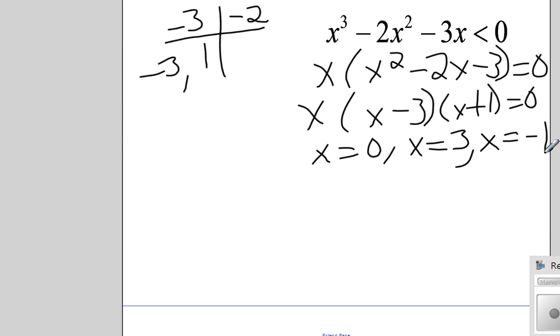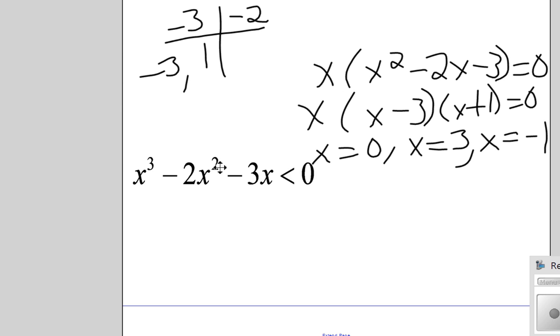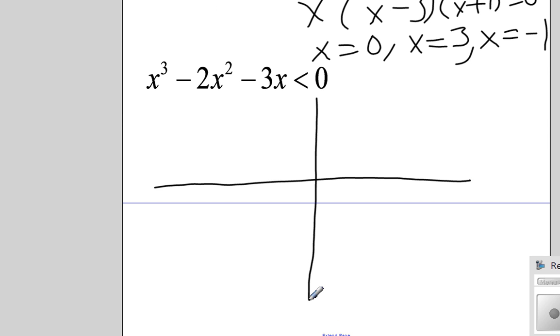Okay. Let's pull this down here. Let's graph the Cartesian coordinate plane. Okay, -1, 0, and positive 3. -1, put that in red. 0, and positive 3.